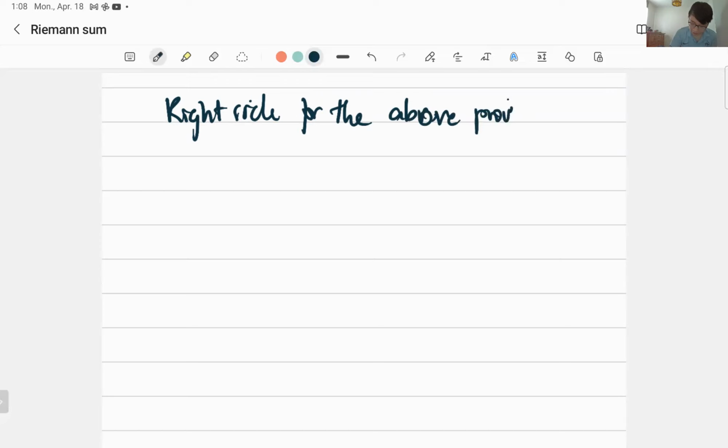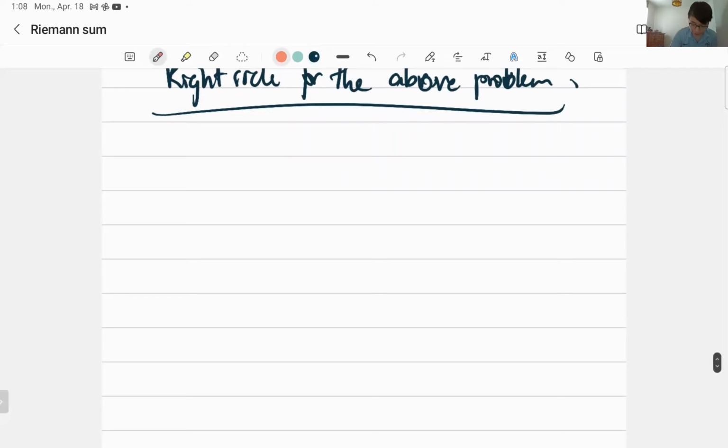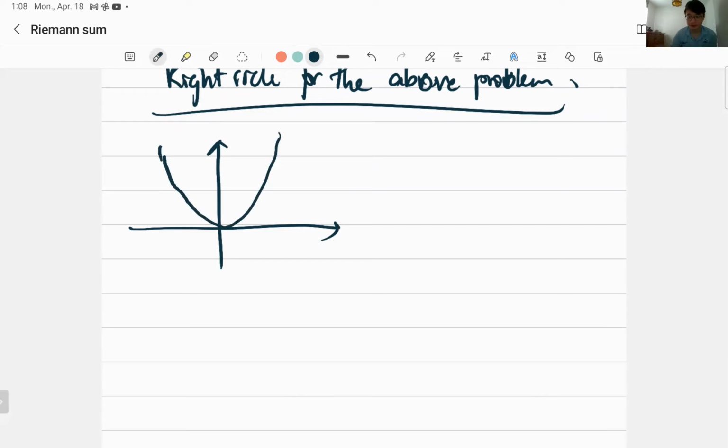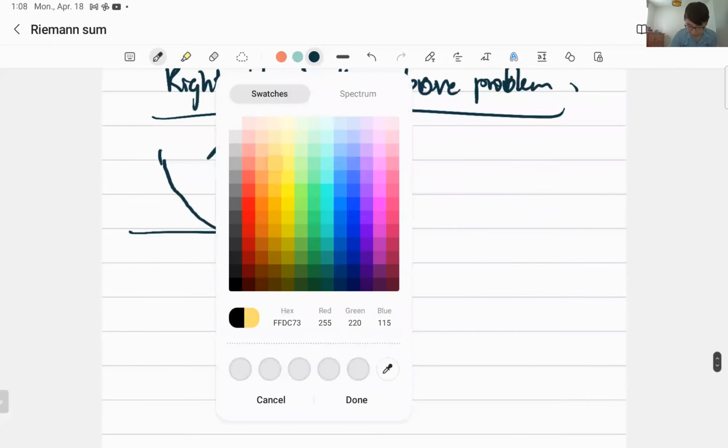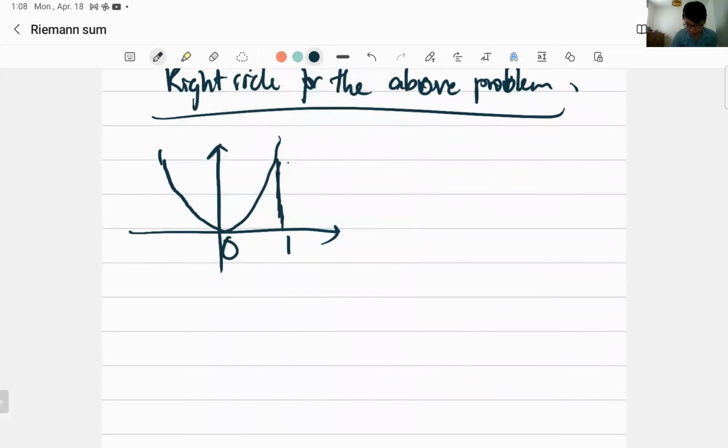We're going to draw the same graph, a parabola, on the interval from 0 to 1. It's not really a good habit to draw a straight line like this because it's not straight, but I want to draw it so we can see the rectangles clearly.